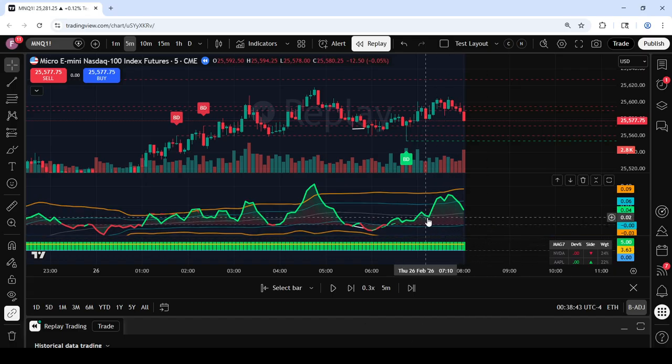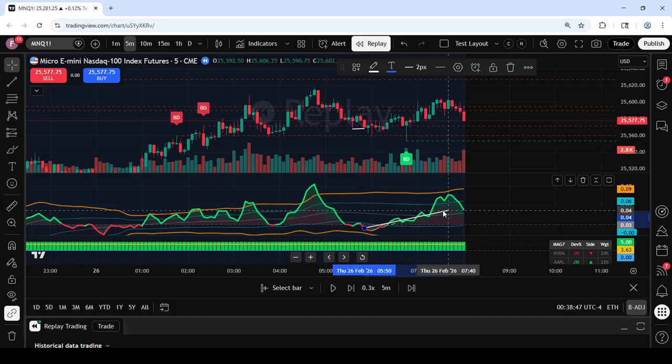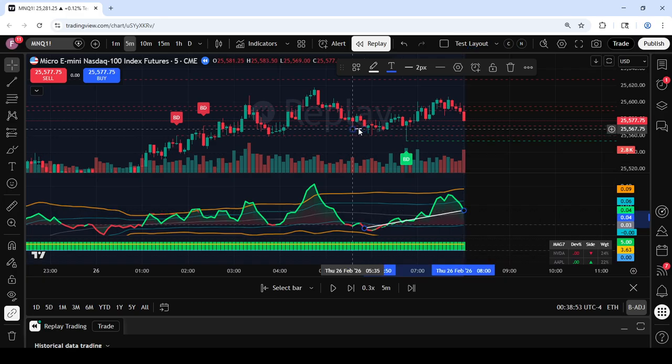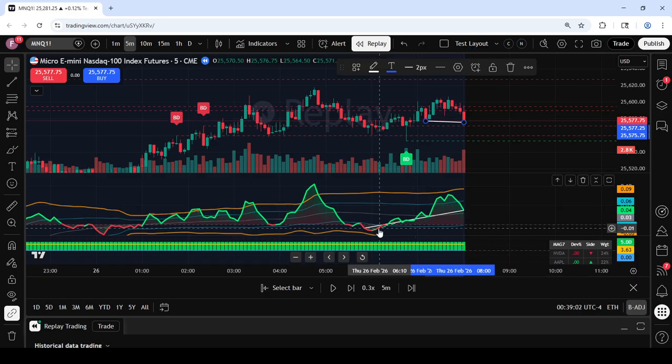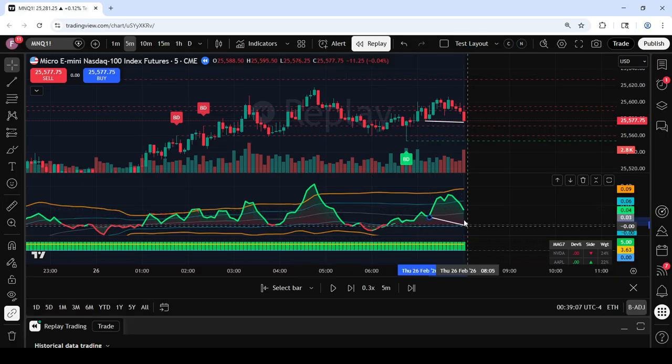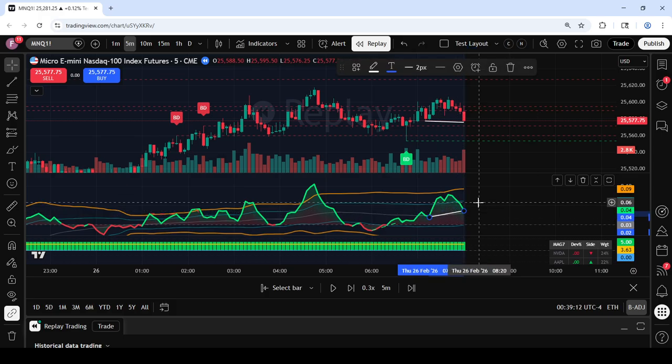So now I'm looking right here. You've got pretty much equal highs. Pretty much equal highs. A little bullish though.